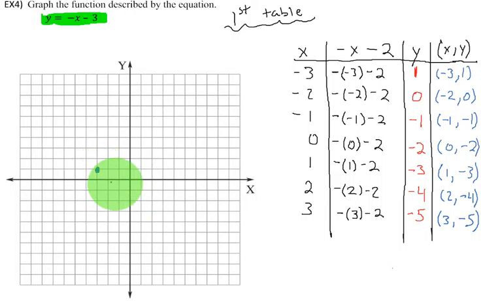Now take note real quick that I haven't numbered this coordinate plane. And that's okay, it actually depends on your teacher. So find out what your teacher wants. But as long as each move along the coordinate plane changes by a scale of 1 unit, I shouldn't have to number the coordinate plane.